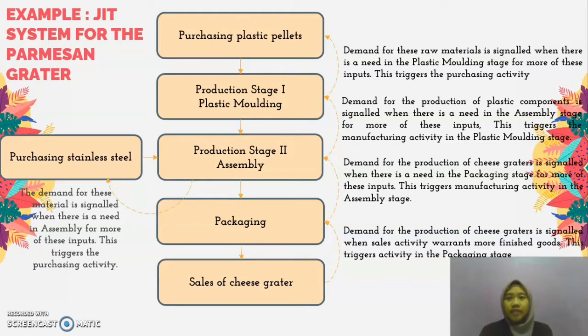This will trigger the purchases of the stainless steel component, and then they will also send a signal to the plastic molding to demand the plastic component in order for them to produce the cheese grater. At the plastic molding stage, they will demand the raw material as they need it to produce the plastic component. So this will trigger the purchasing activities of the plastic pellet, which is the raw material.